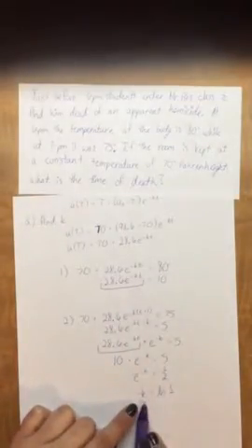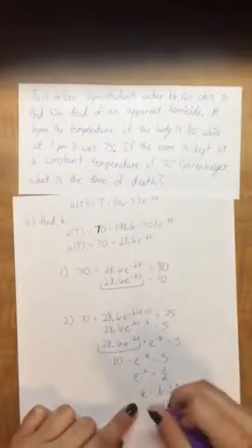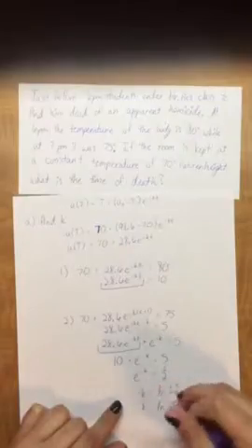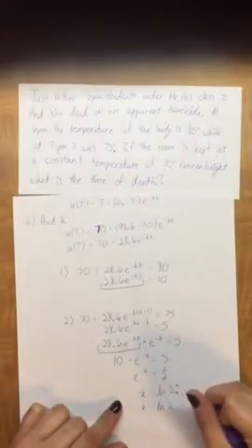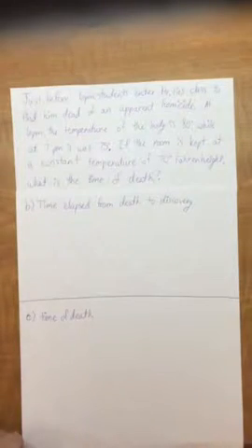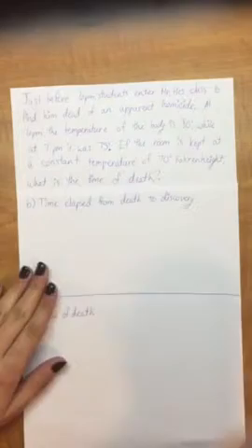Because the k is negative, you would flip this number to make this the natural log of 2, which also equals 0.693.